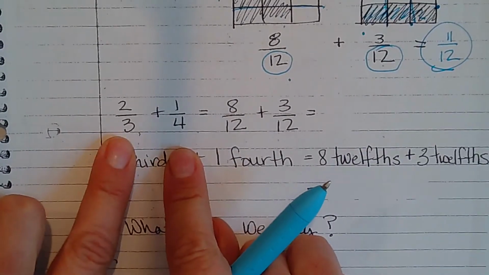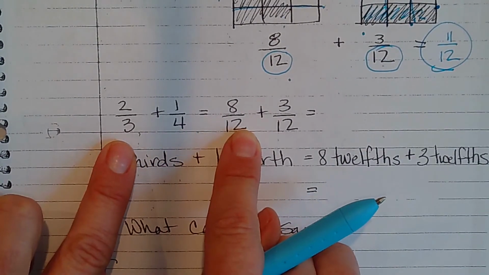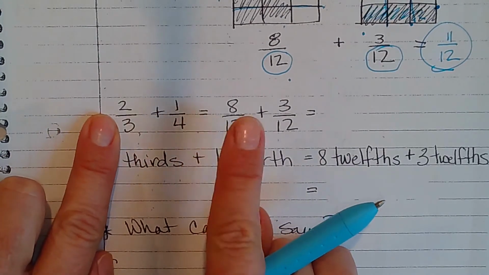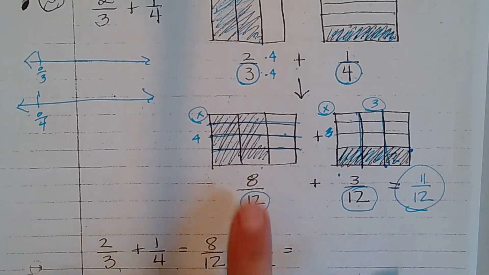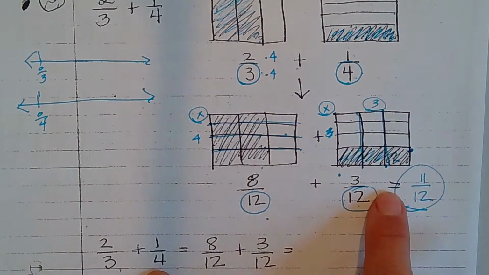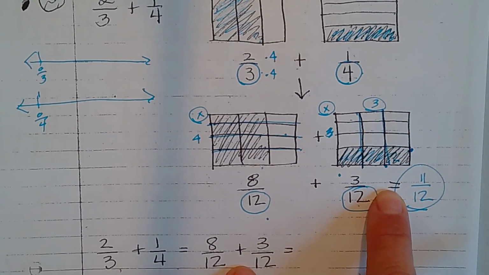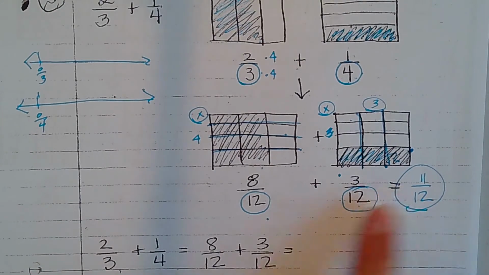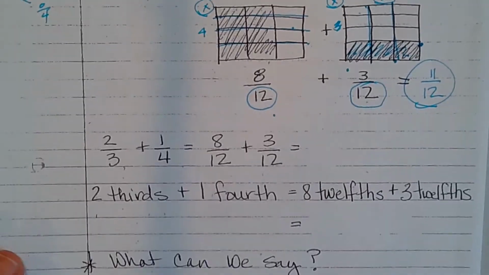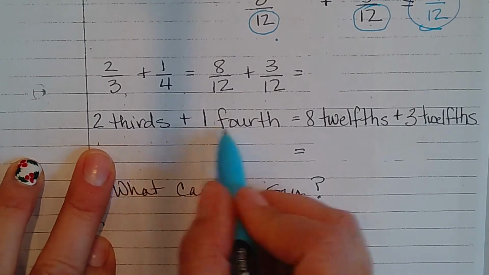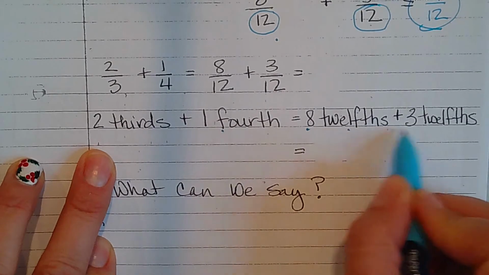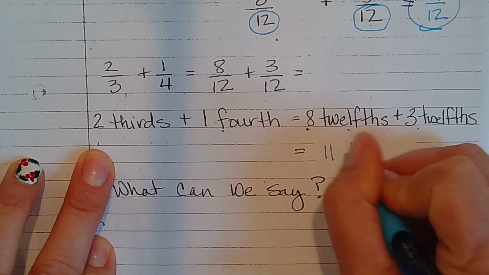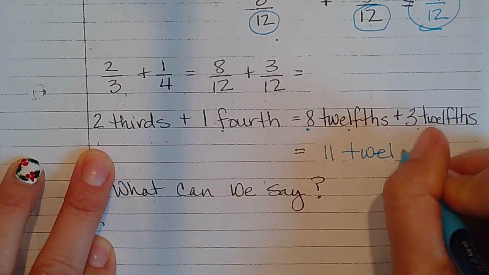So 2/3 is the same as 8 12ths, and you can see it from here. 1/4 is the same as 3 12ths. Add them together, 11 12ths. So 2/3 plus 1/4 is equal to 8 12ths plus 3 12ths, which is 11 12ths.